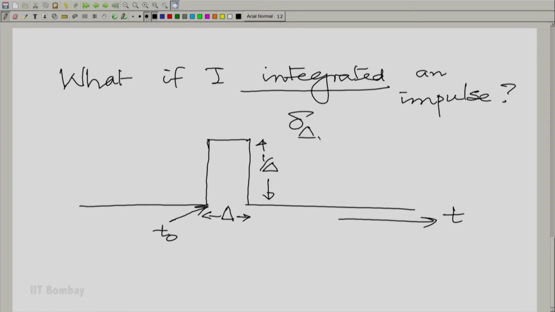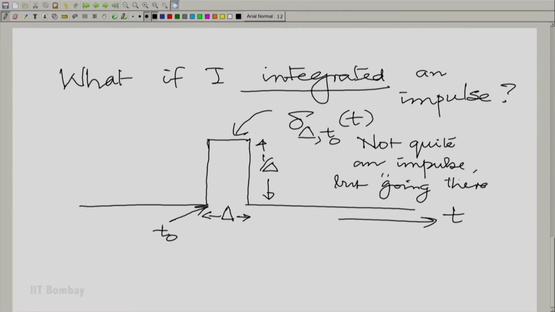I will write it as δ_Δ(t − t0) just to make it clear that we are locating this at some place on t. Now, δ_Δ(t − t0) is the function I have drawn, not quite an impulse, but moving in that direction as delta tends to 0. And now I consider the integral of this from minus infinity to every t. This is called a running integral.